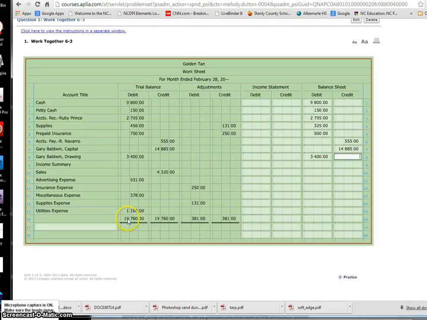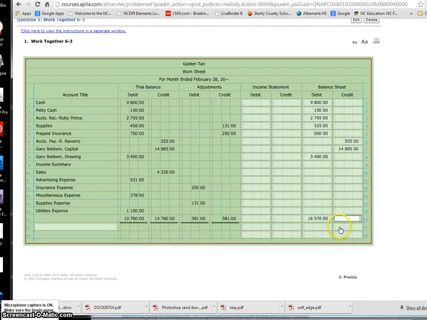So right here we would draw a line and we would total all of these up. So add all of your debit column and you get $16,970.